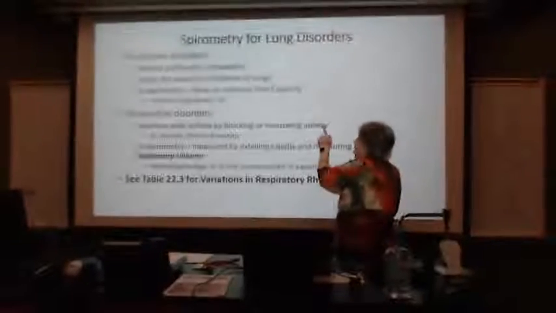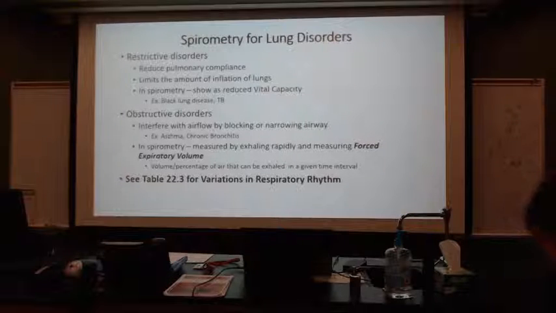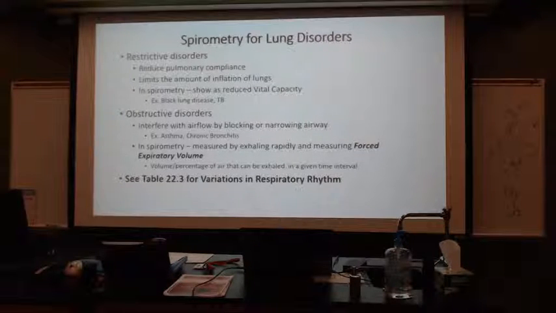Those are good examples of restrictive disorders. If it is obstructive, something is blocking or narrowing the airway. For example, asthma. Because with asthma, the muscles tighten, and therefore that bronchiole is now obstructed. Does that make sense?